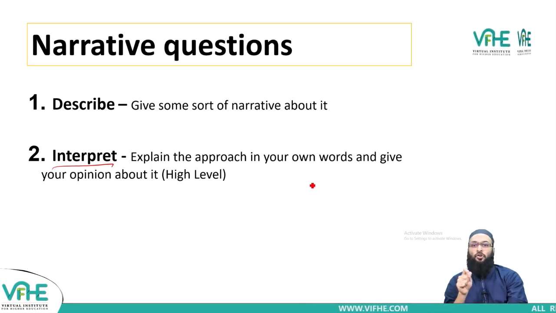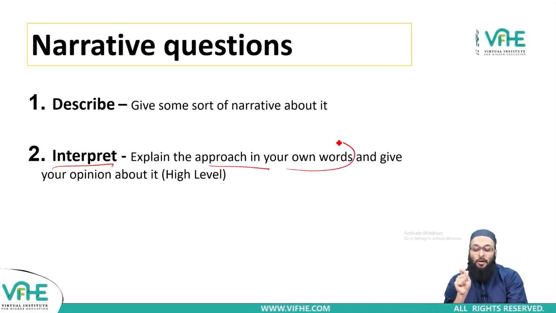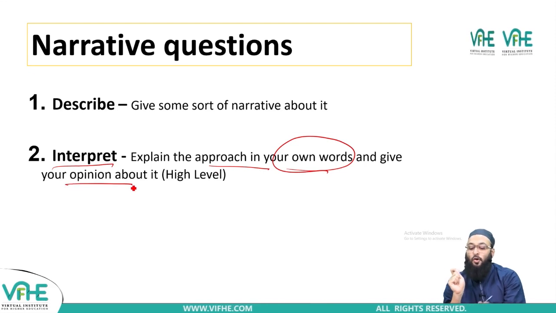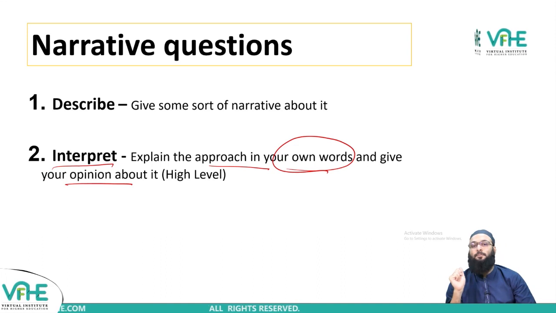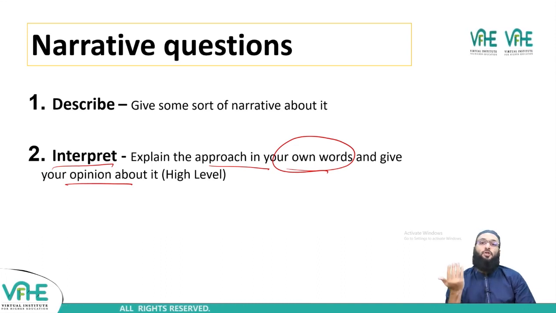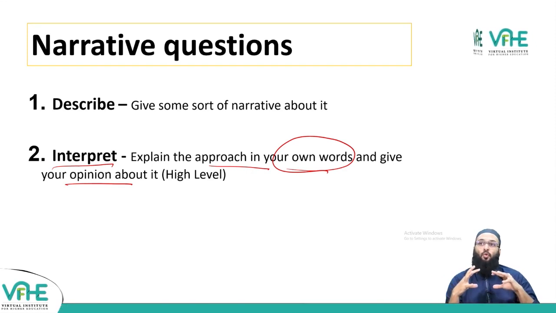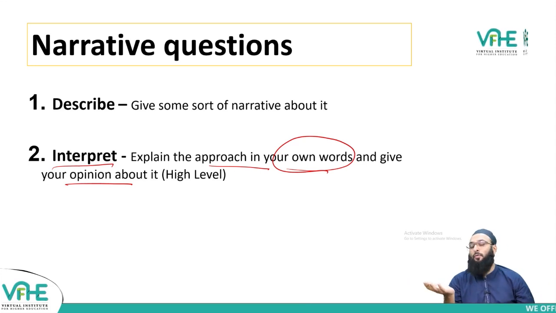So in interpretation, you explain something in your own words and you give your opinion about it. A lot of interpretation is required in terms of you explaining in your own way and giving your opinions about that.